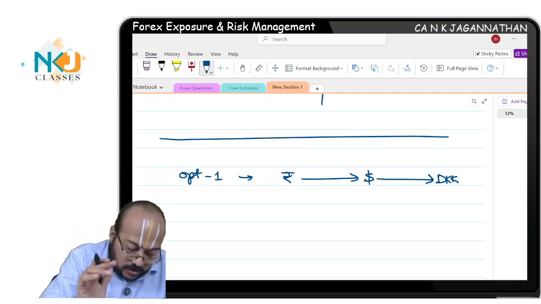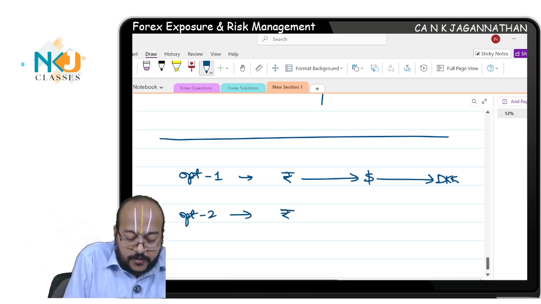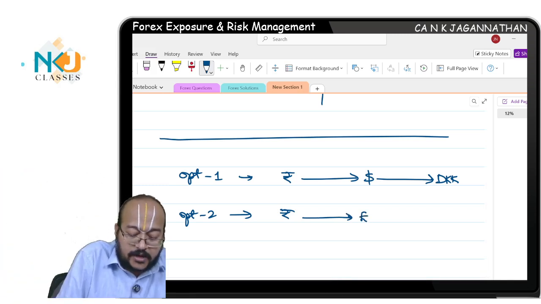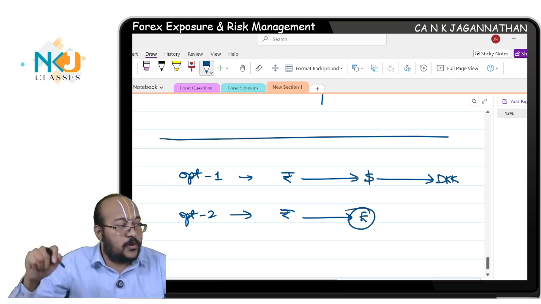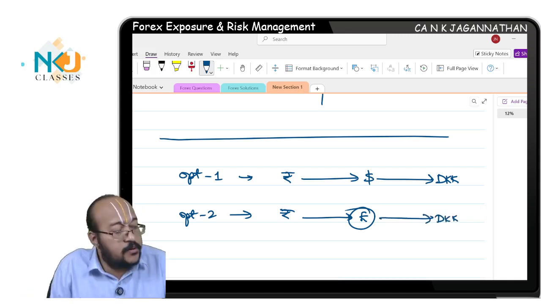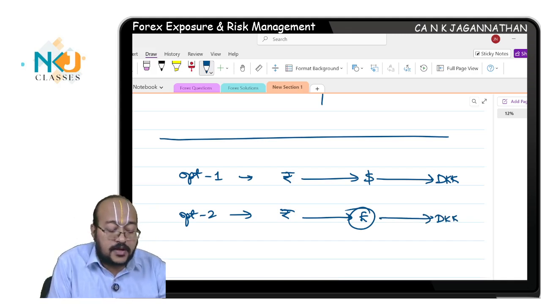This is option 1. Option number 2: I have rupee in hand, I go to the London market and buy the pound instead of dollar. So I sell my rupee and buy the pound, then sell my pound and get the Danish kroner. Are you all understanding? So there are two options available.